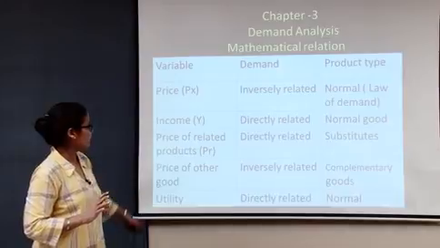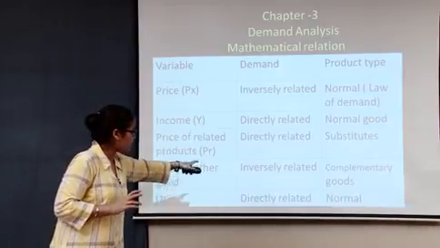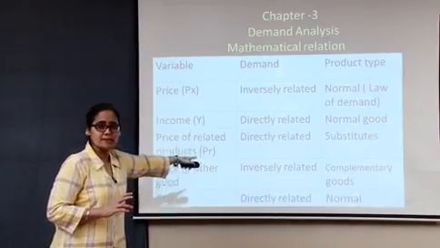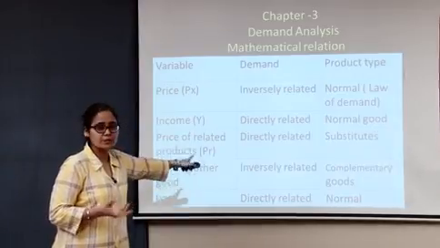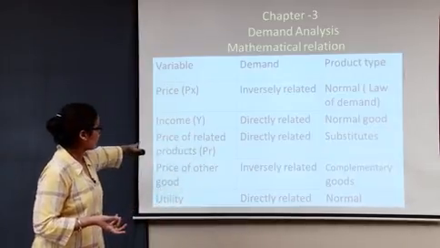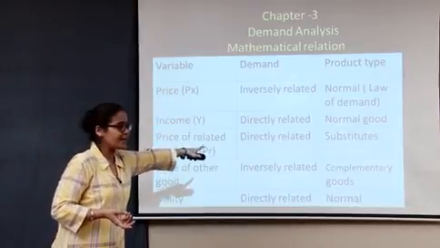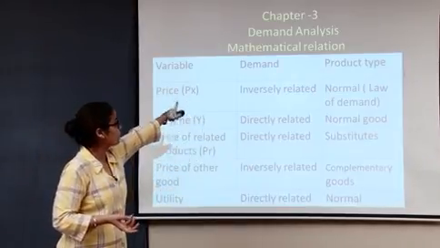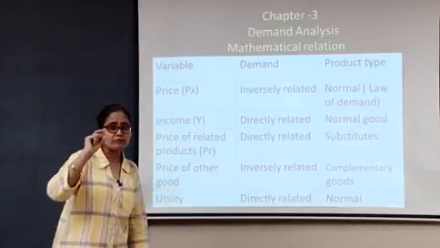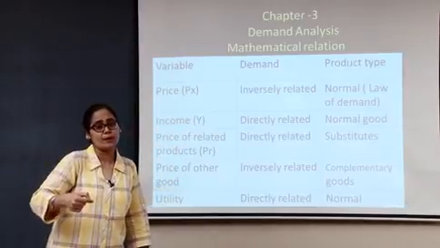Price of related product. Here there are two alternatives or two types of observation. When the price of a related product goes up and the demand for the existing product goes up. Remember, when you talk about demand, you have to remember the demand of the existing product.